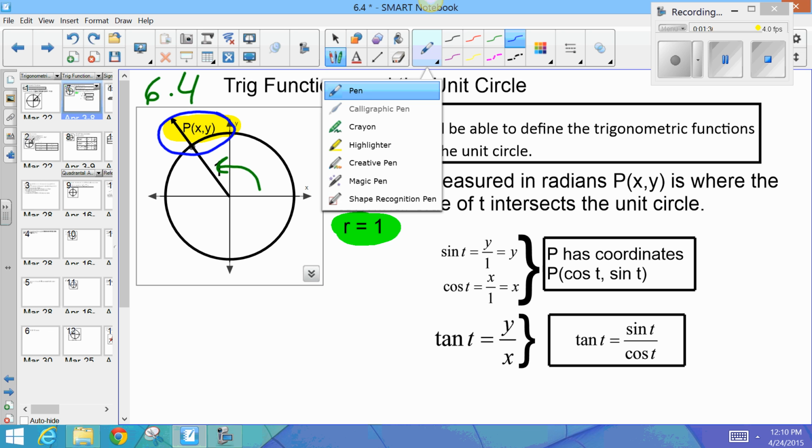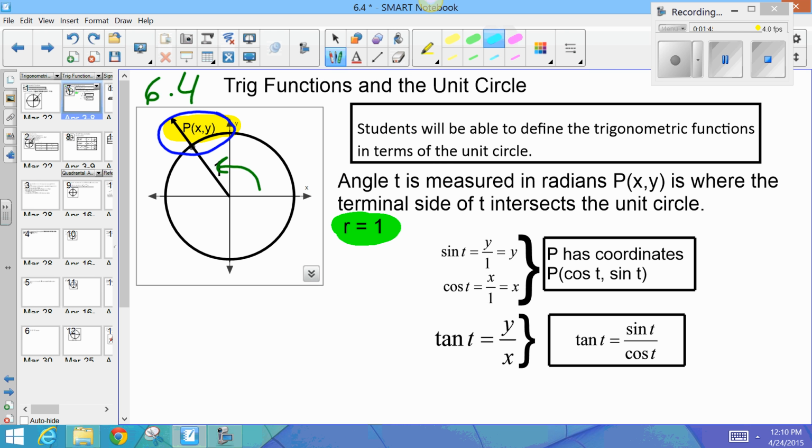Here I've got some rules about what happens. Since the sine of that angle equals y over r, and r is 1, then the sine would be equal to that y coordinate.